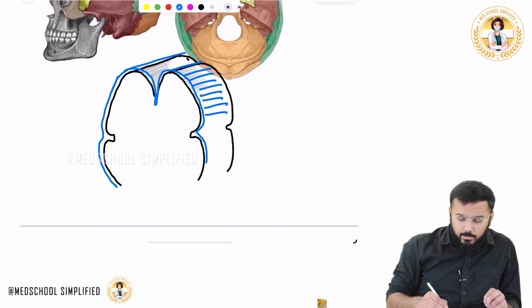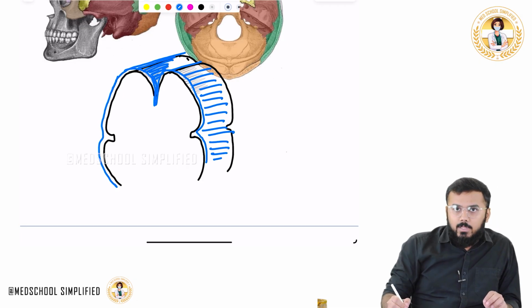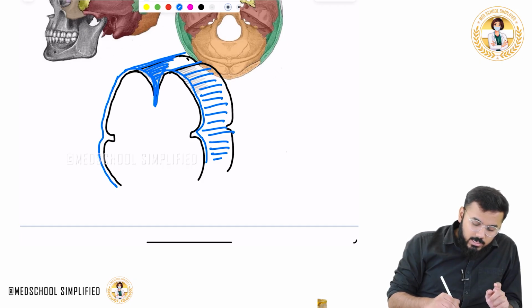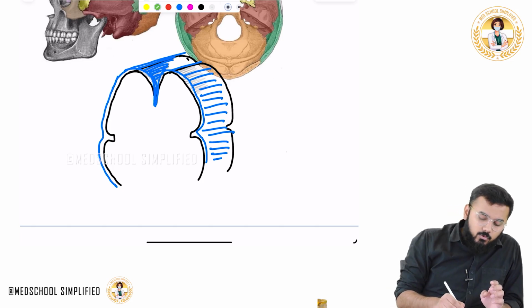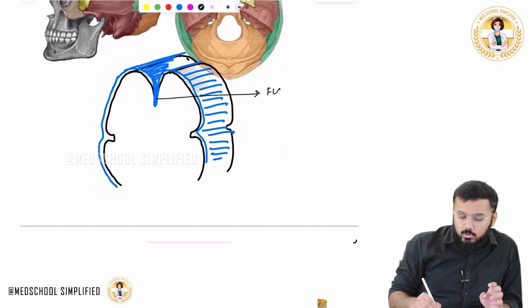Clear, all of you? This fold of dura mater which is coming inside and separating both the cerebral hemispheres is what is called falx cerebri. I will show you the real specimen also.